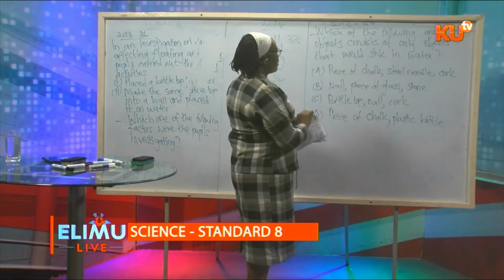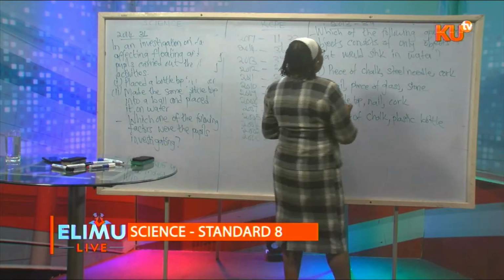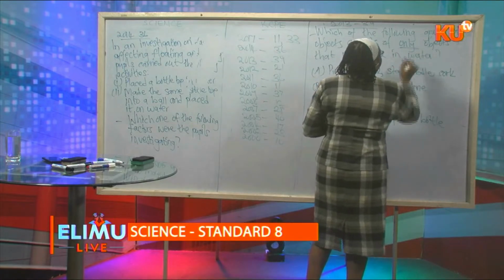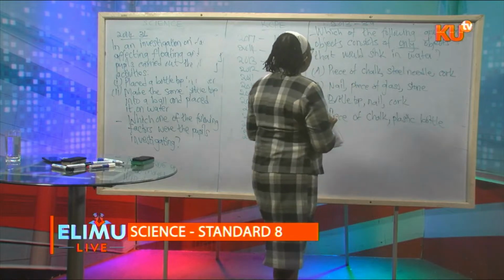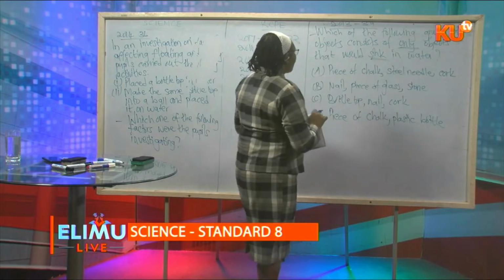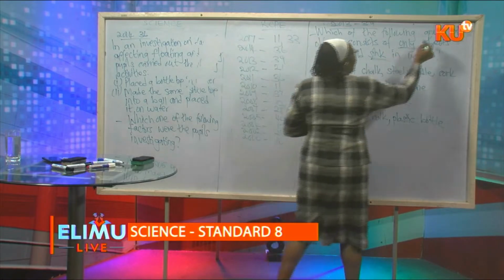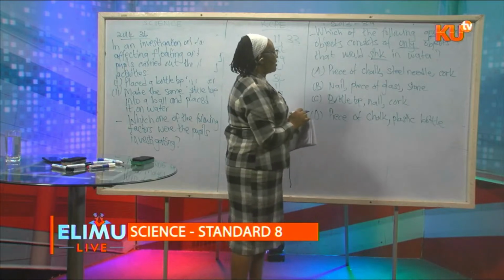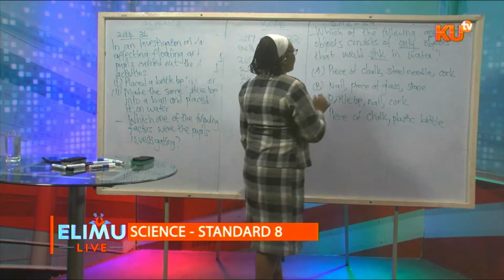Okay, so we look at the materials. You have to read the question very carefully because you may get confused. There are some key words like only and sink. So you're looking at a group. Remember, in each choice, all of them must be sinkers. So in choice A, we have a piece of chalk.